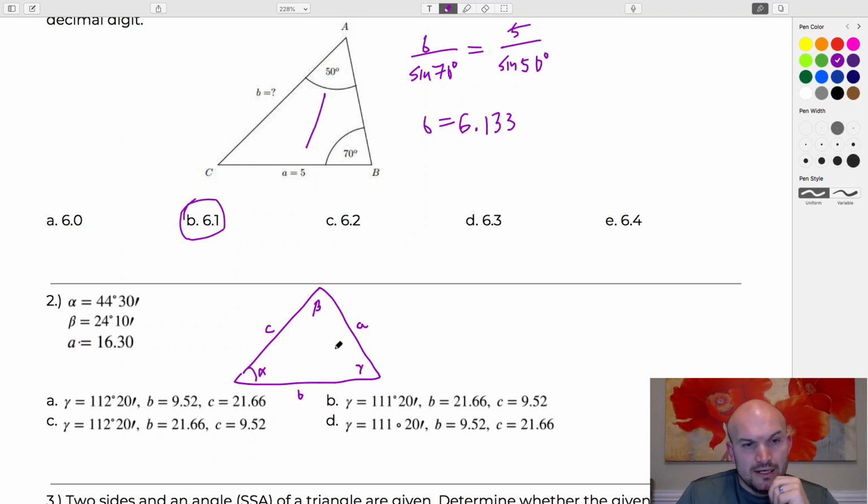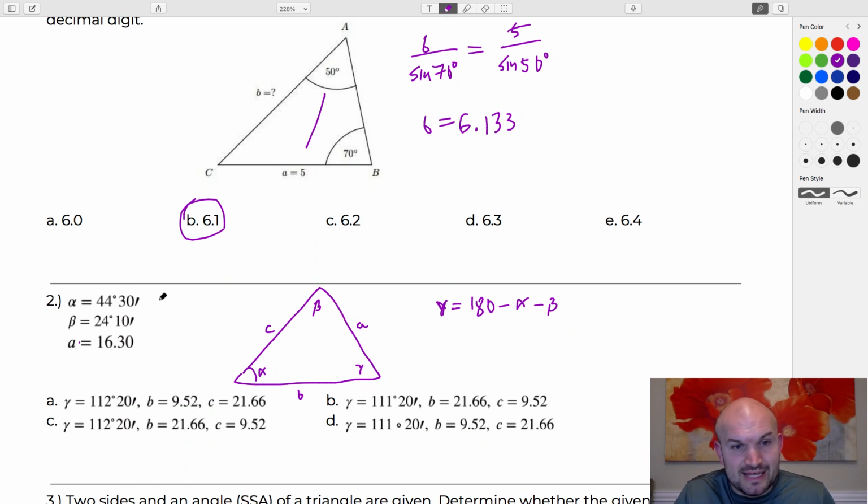All right. So the main important thing is, I think the easiest one to figure out is, well, what is going to be gamma? So forget about the 30 and the 10 for a second. I don't know why I did that. But remember that gamma is basically going to equal 180 degrees minus alpha minus beta, right? So if you just forget about these minutes here for a second, anyways, that adds up to 40 minutes, right?